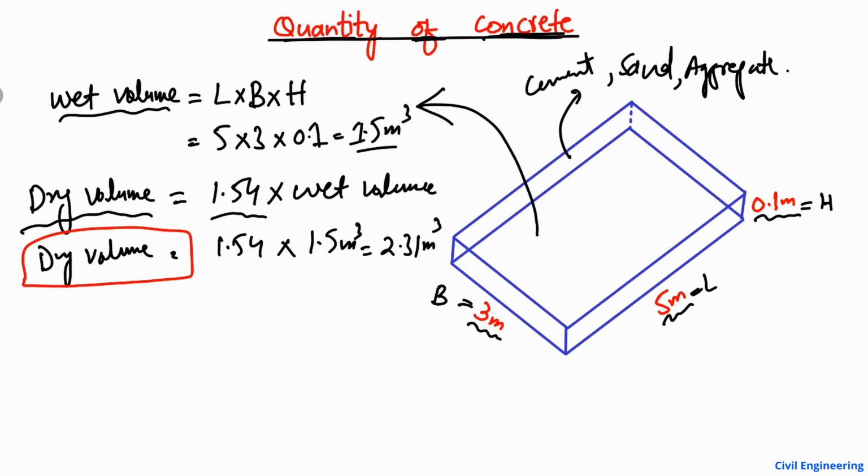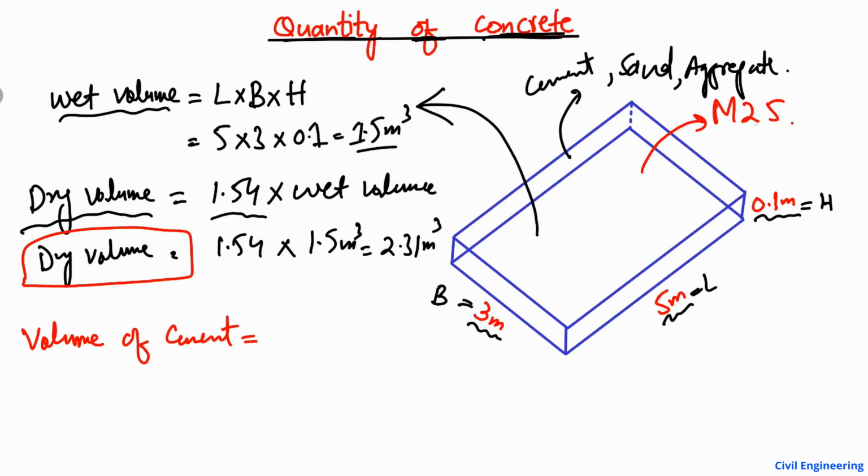Now to find out the volume of the cement, the volume of the sand and aggregate, we will simply use this formula: the volume of the cement will be equal to the ratios. Now I'm taking an example. Let's suppose that the concrete that we use here is M25 concrete.